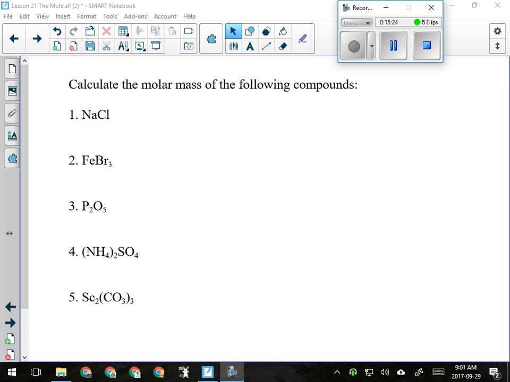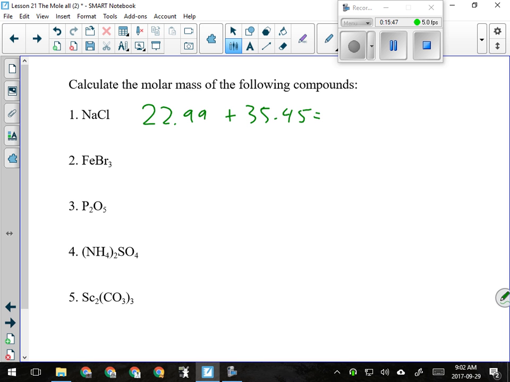Okay, let's have a look at least at the first one here. In our first one, we've got sodium chloride. If I want to calculate the molar mass of sodium chloride, I have to take the molar masses or atomic masses of the things it's made up of. Sodium is 22.99 grams per mole, and 1 chlorine is 35.45 grams per mole.